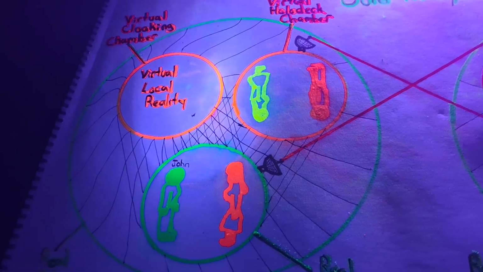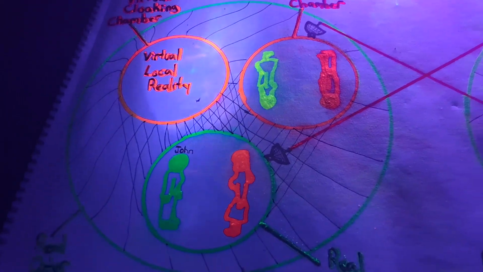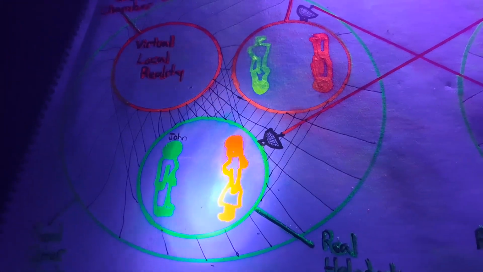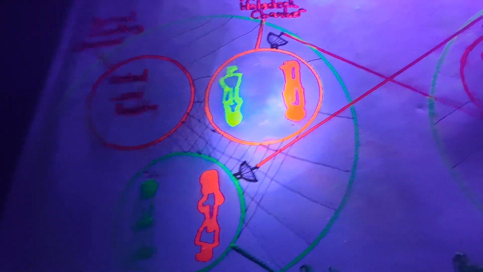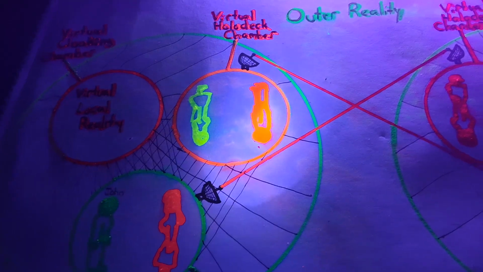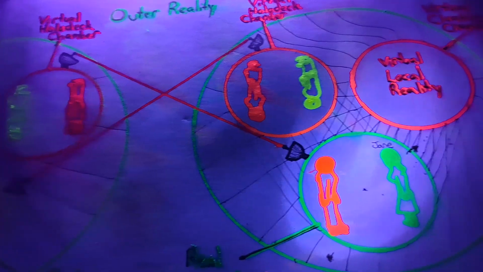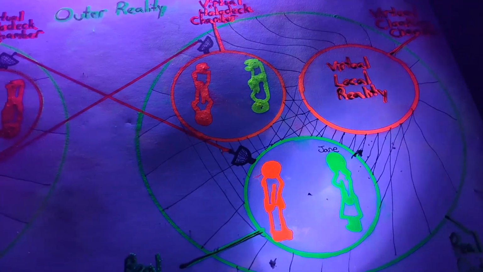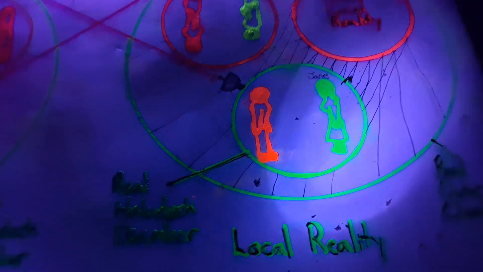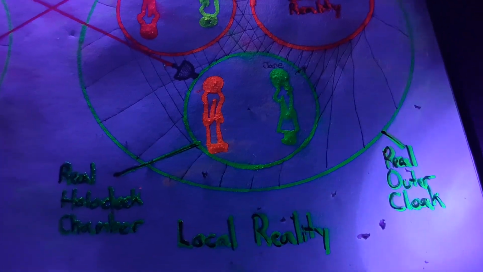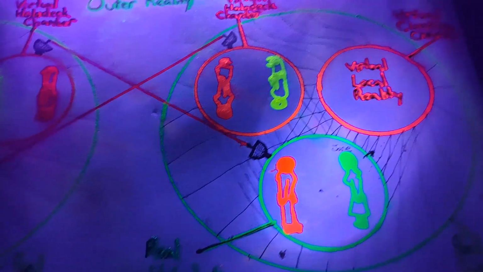This virtual local reality would be negative inside this virtual cloaking chamber, which would transmit the outside environment spliced into his real holodeck chamber, and then transmitted and turned negative into the flip side virtual chamber or negative room, and then flipped into a positive, then negative and positive, negative, positive, negative. And if you started with her, it would go the same way: real outer holodeck or real outer cloak, and goes through the same process.